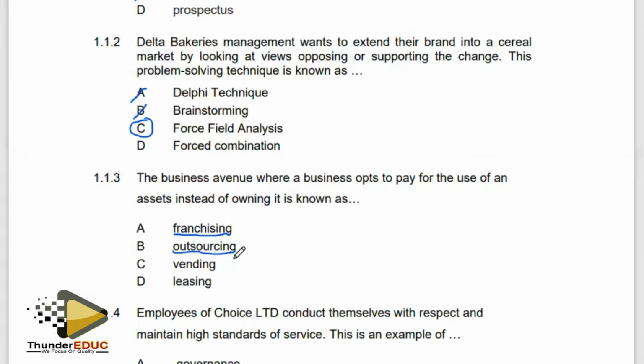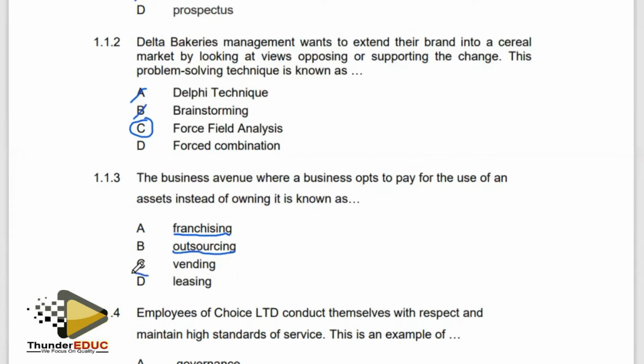For example, if it was a construction company, it may hire the services of an installation company to come and install electricity into a building. Yes, that is what we call outsourcing. You bring in more technicians so that they help you complete your task. That is outsourcing. And this is not vending totally. It's not that. And then leasing.